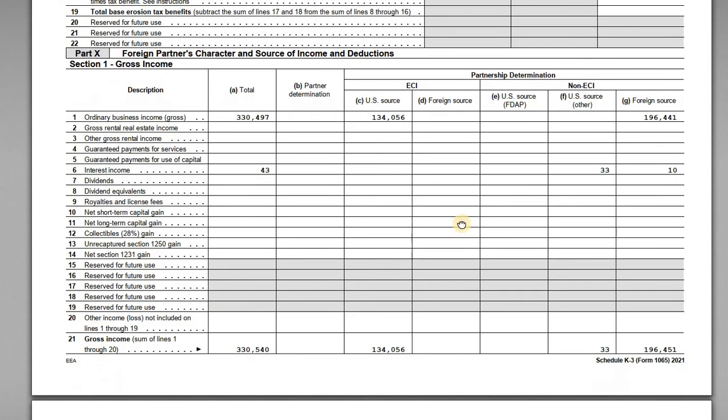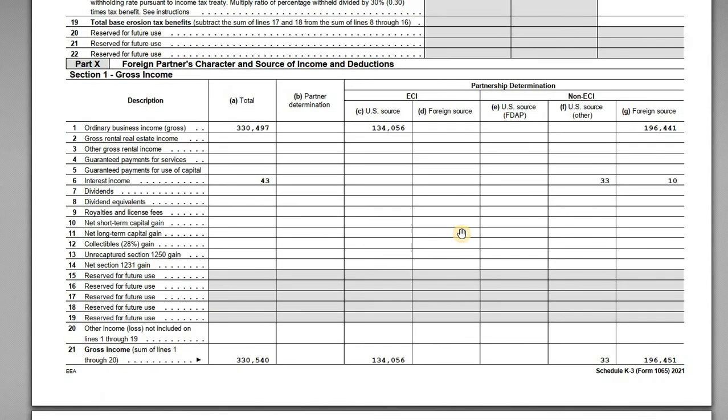Okay, so this is where Jane gets a lot more clarity on how that ECTI number is coming up. So again, the totals here, this is the total amount of gross income being allocated to Jane. So she's being allocated $330,497 of gross profit income, $43 of interest, and then here's the breakout between the U.S. source ECI and foreign source.